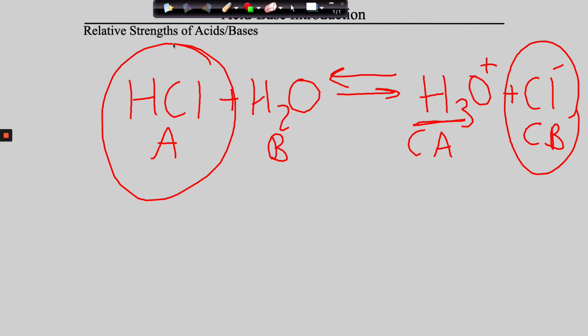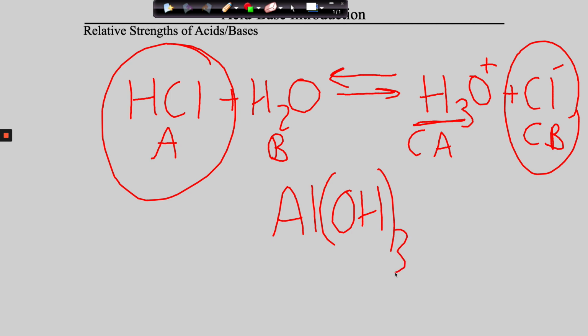One last thing we need to do is define the word, we've done it before, but let's be sure. In chemistry, what does strong mean? Ionizes completely. Aluminum hydroxide is a really, really good base.